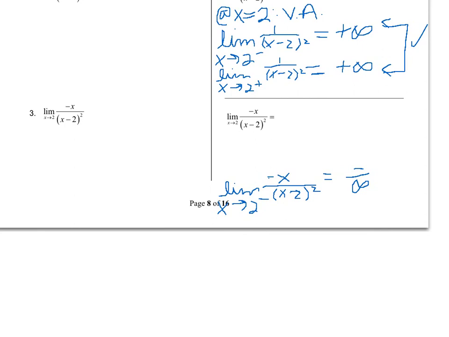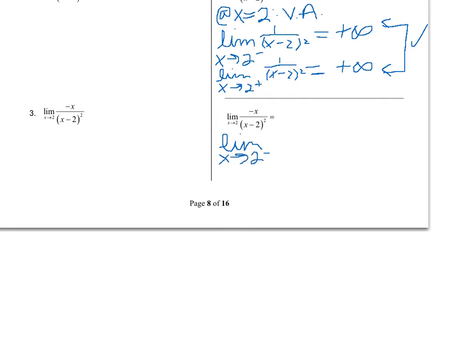Let's try this again. Okay, let me cancel that and try that again. Limit as x approaches 2 from the left of negative. Okay, we had just decided this would be a negative over a positive. So overall, negative divided by a positive is going to be a negative value. So that's a negative infinity.